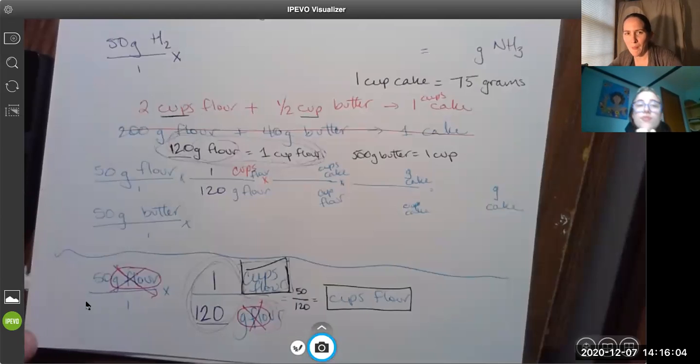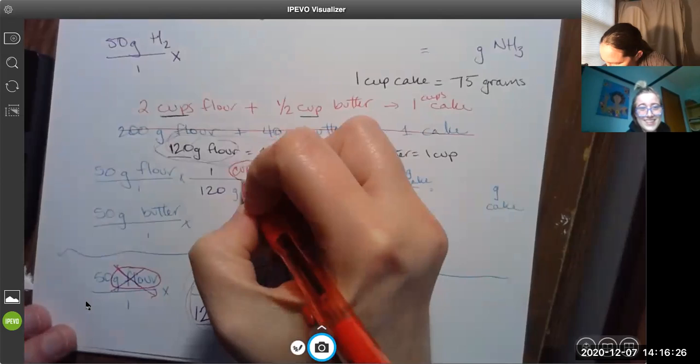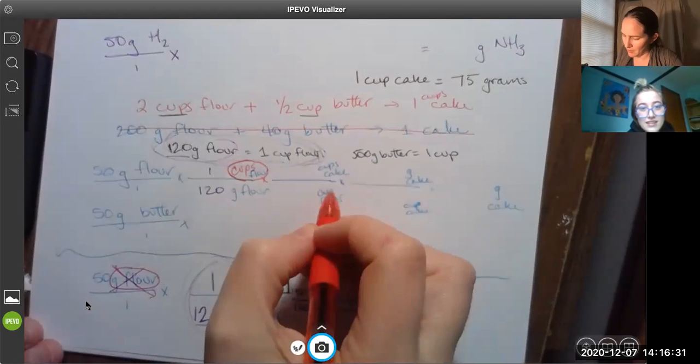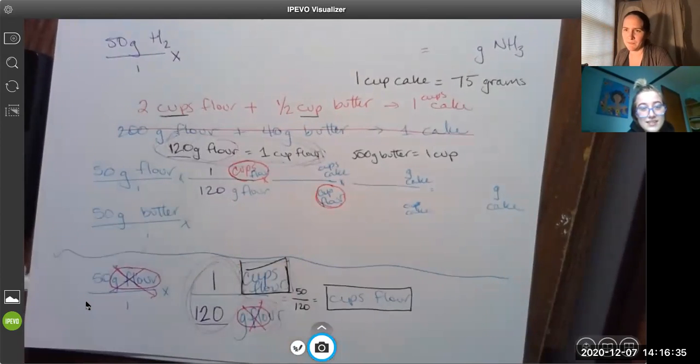So if there's like 2 cups in the solution to the previous one, they would be on the bottom, because that would be how much flour you would need, I think. Yeah, are you thinking that your cups of flour is on top and now your cups of flour is on the bottom? Yeah. Nice. Yep.